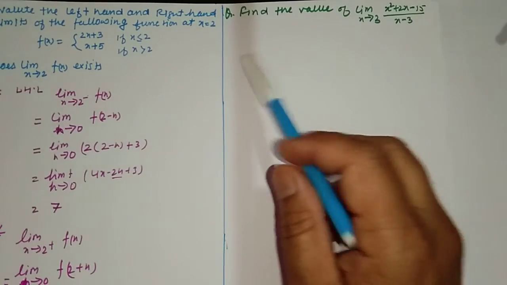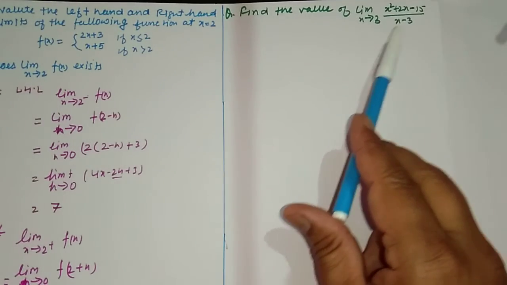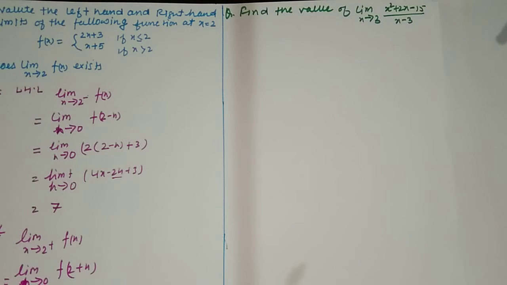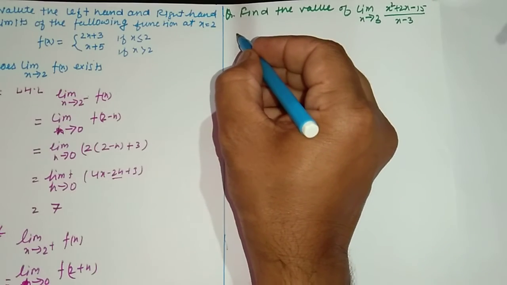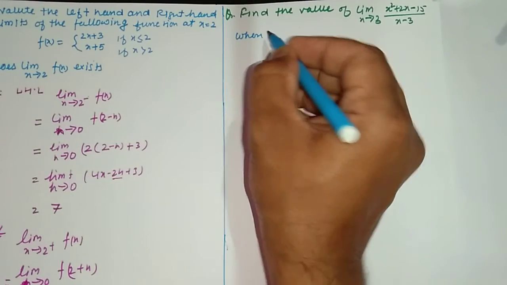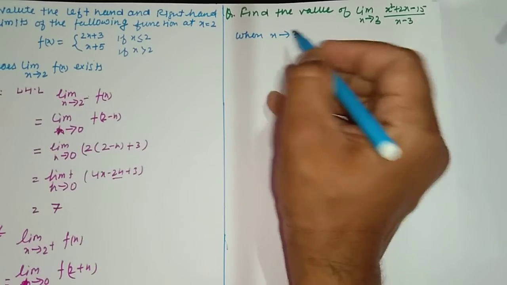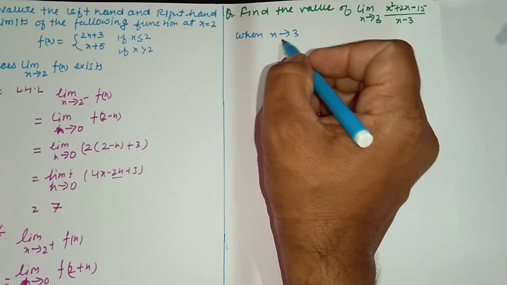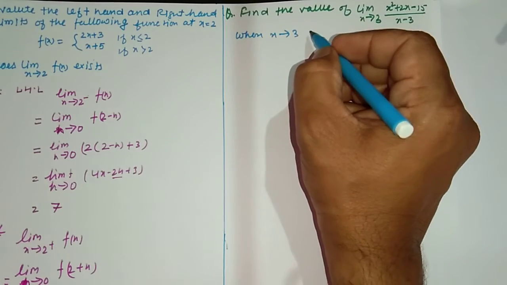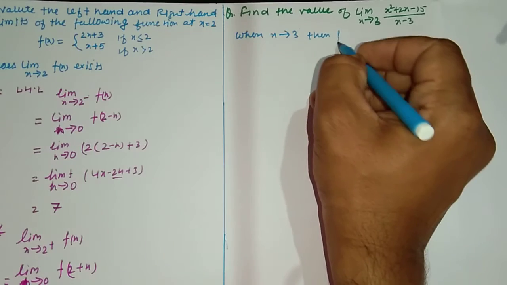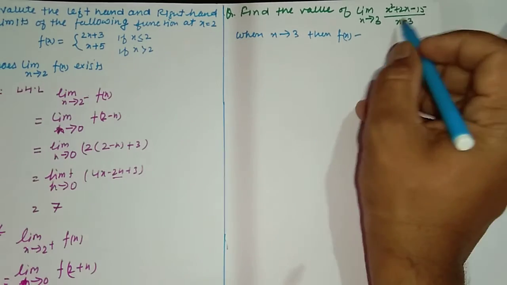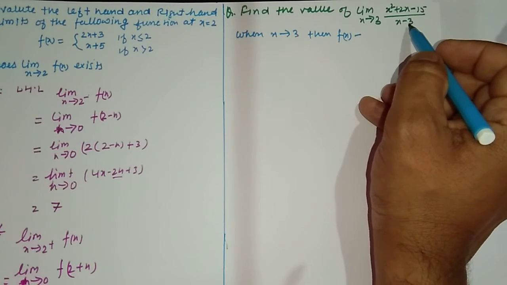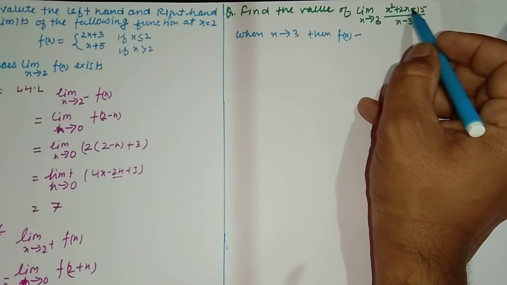Okay, now we have a question. Find the value of limit x tends to 3 of (x square plus 2x minus 15) upon (x minus 3). Clear? When x tends to 3, when x goes closer to 3, then put the value 3: 3 minus 3 is 0, 9 plus 6 minus 15 is 0.